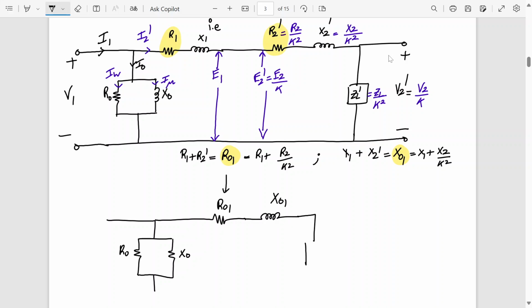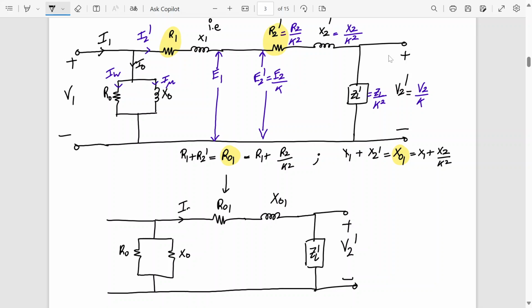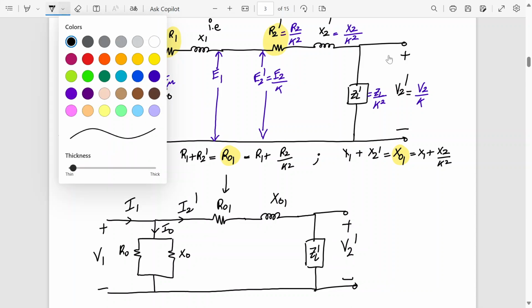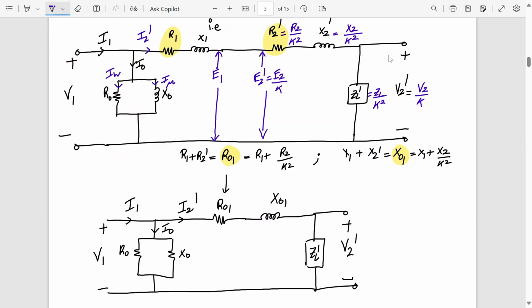Rest everything as it is. So this is ZL dash, and this voltage will be V2 dash. This current will be I2 dash, this current is I1, this current is I0. So this is plus minus V1. Here we have current IW, here we have current I mu.